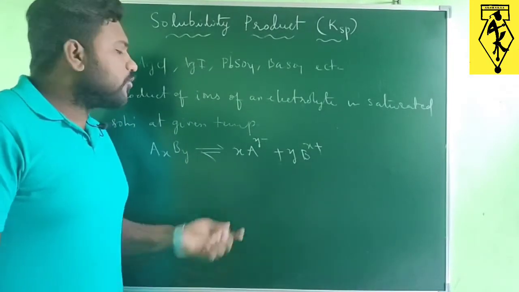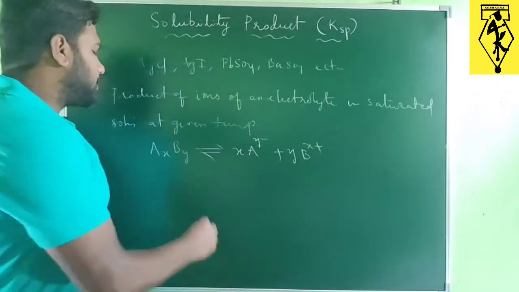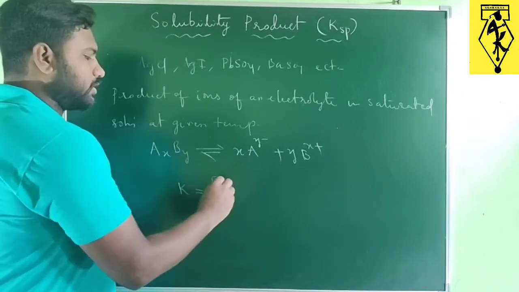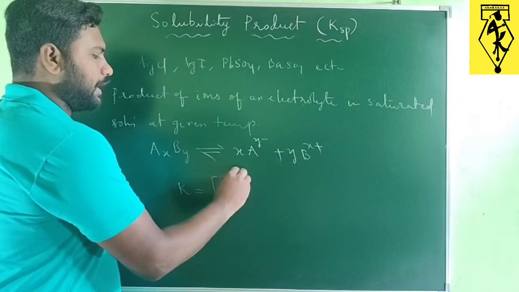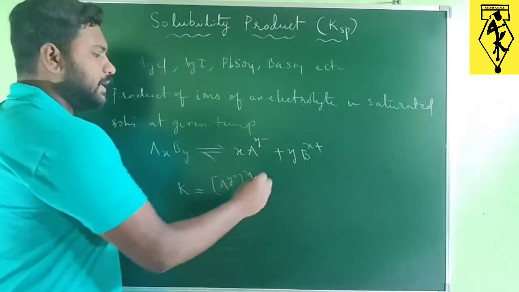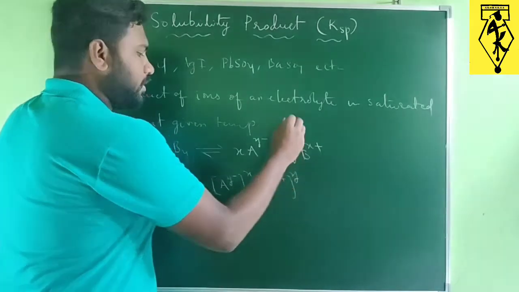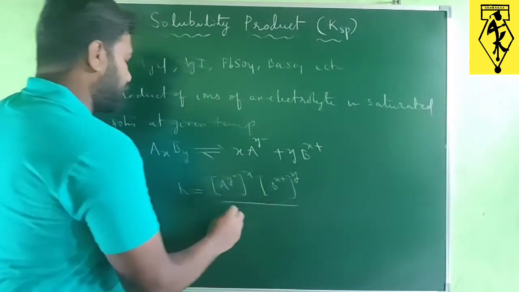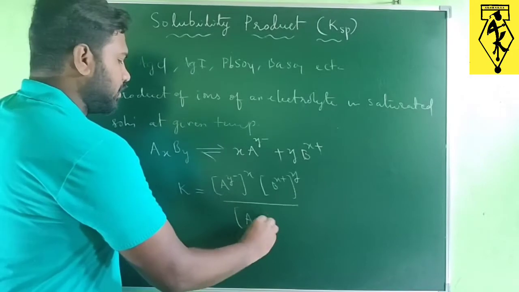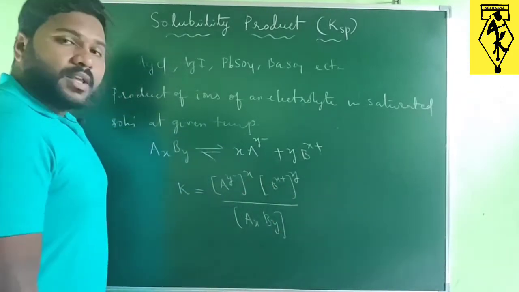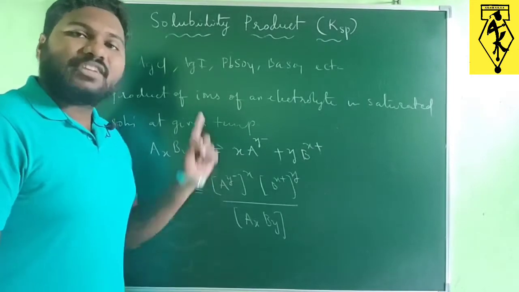If you apply the law of mass action to this equation, you are going to get the dissociation constant K equals concentration of A^(y-) whole power x into B^(x+) whole power y divided by concentration of AxBy. So here we are talking about saturated solution.